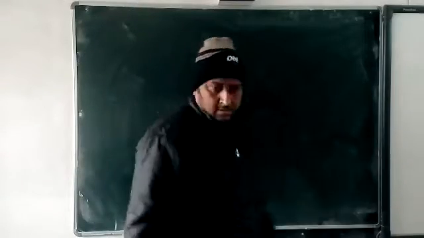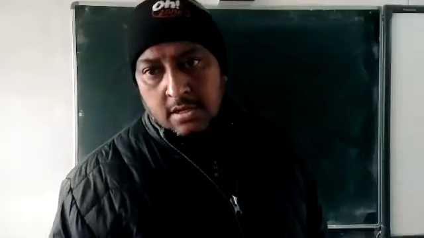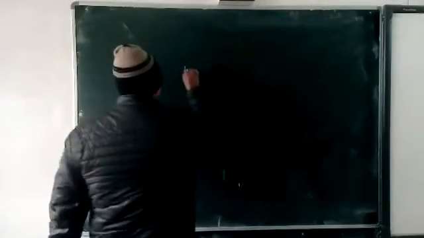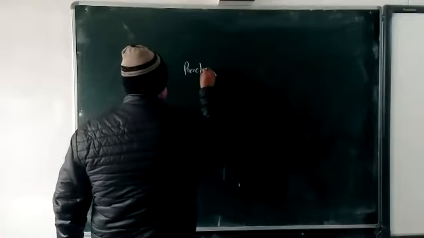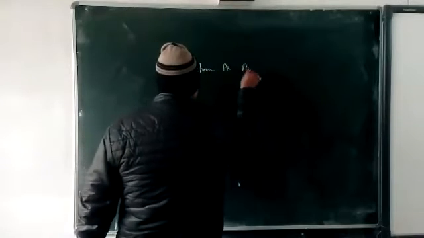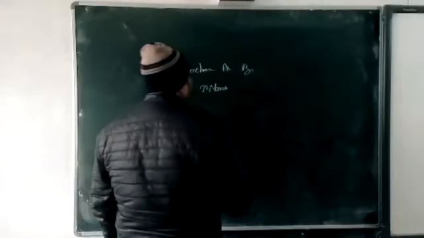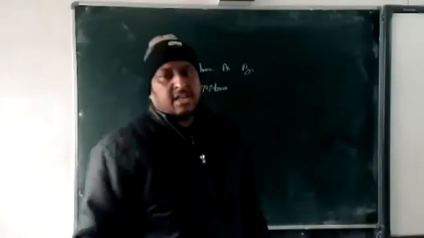Credit purchase from Naina, 8,000, was recorded as 800. Credit purchase from Naina means purchase account debit to Naina. On the place of 8,000 we entered 800 only.